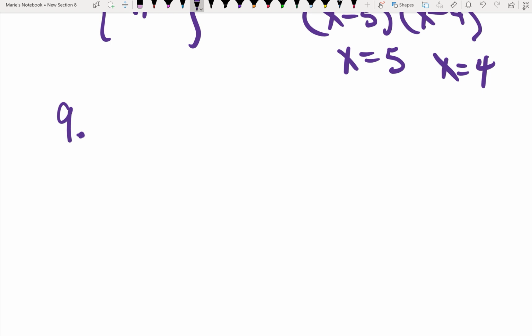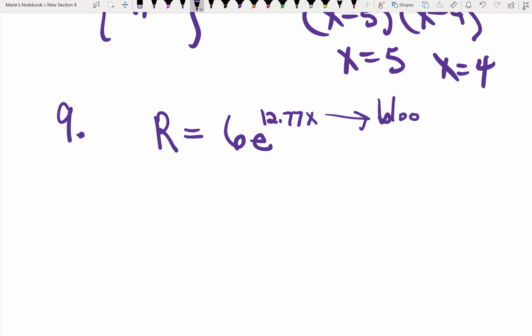This has to do with alcohol and risk of a car accident. And basically, they have a model which says that the risk is modeled at 6e raised to the 12.77x. And the x is part of the exponent. Their question really sits at where x is, as a result, x is the blood alcohol concentration.